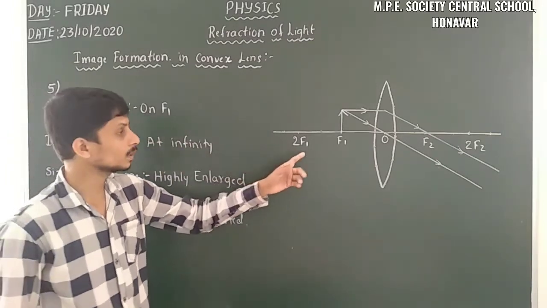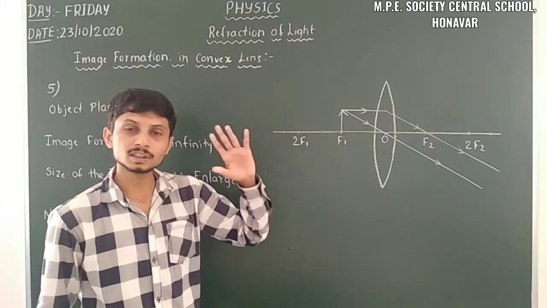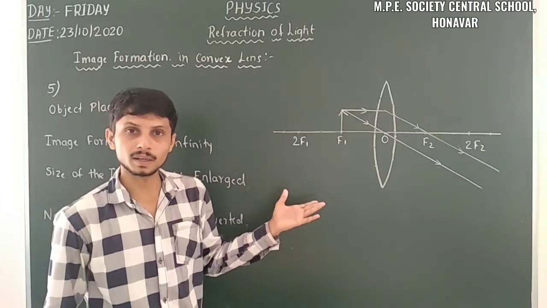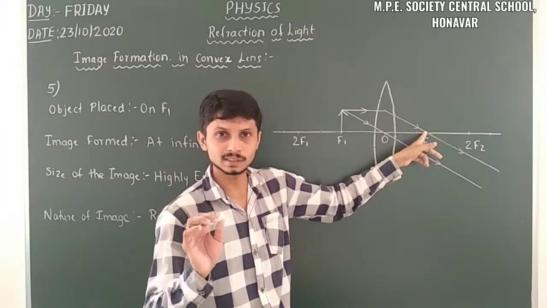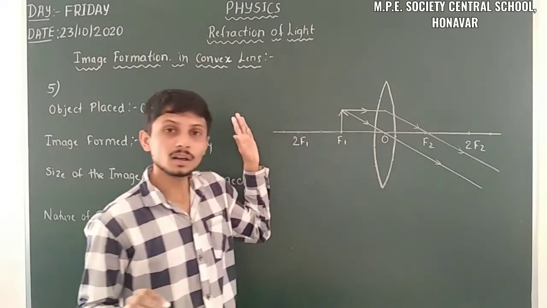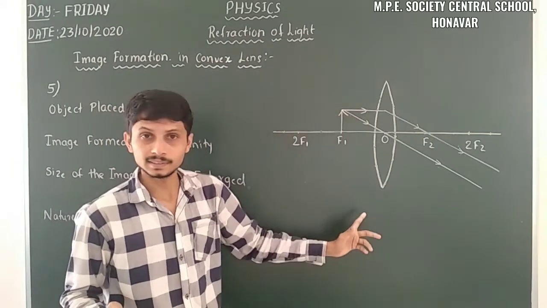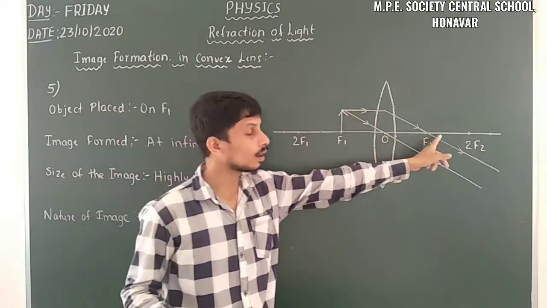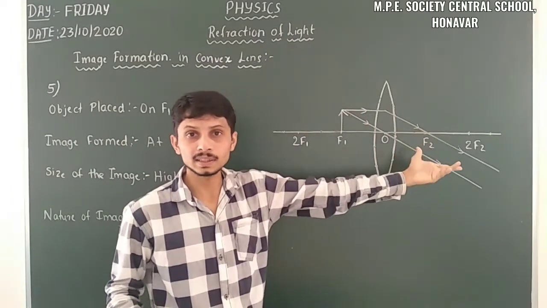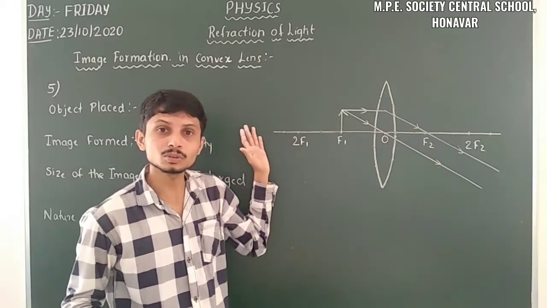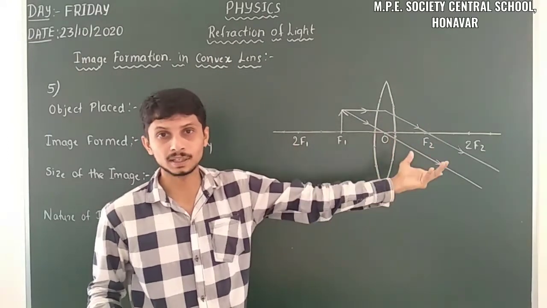So let us take the object between F1 and O. Just compare all the ray behaviors. Initially, in the first case, it is a point size. When the object moves towards the lens, the image moves away from the lens.